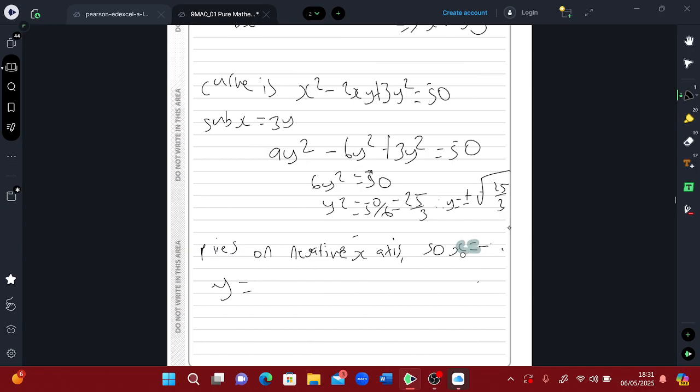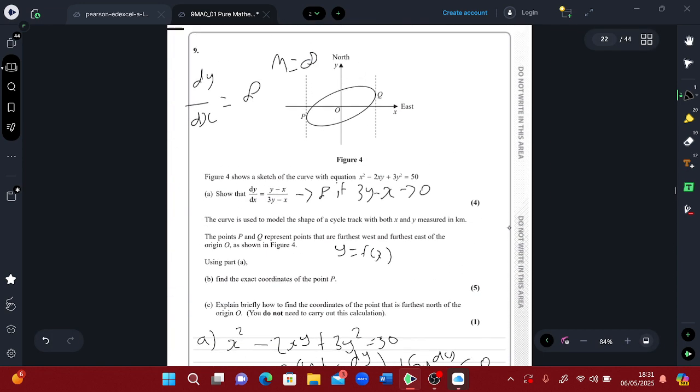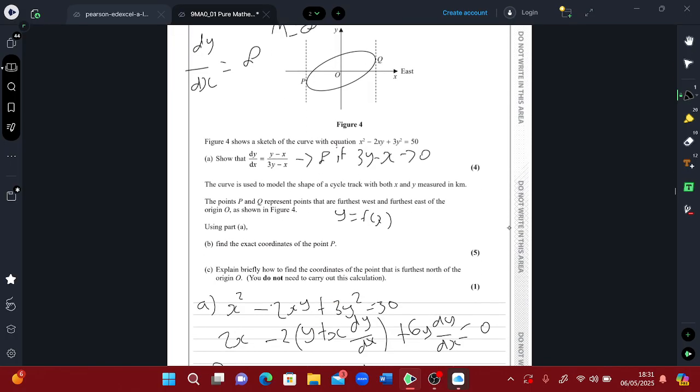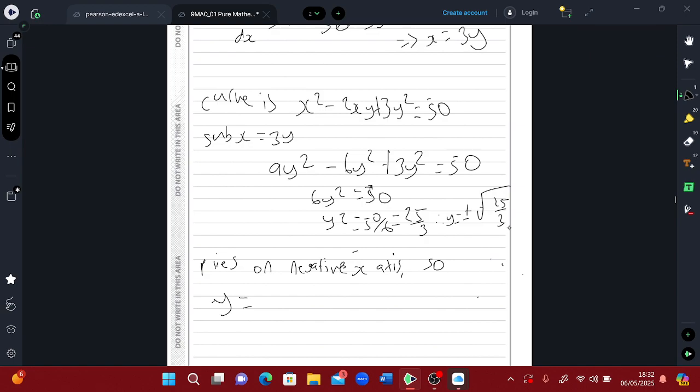Okay, think about where the y coordinate is. If we go back, P is on, again, the negative y axis here. So we want the negative value for y. So y would have to be minus, and actually we can simplify this. Distribute the roots to both sides. Root 25 is simply 5.